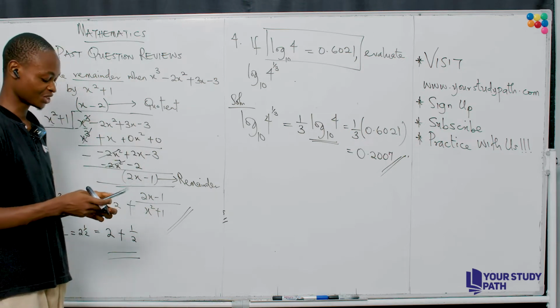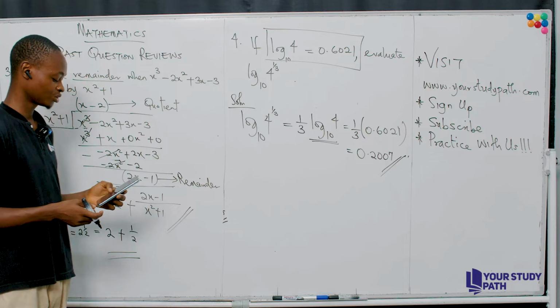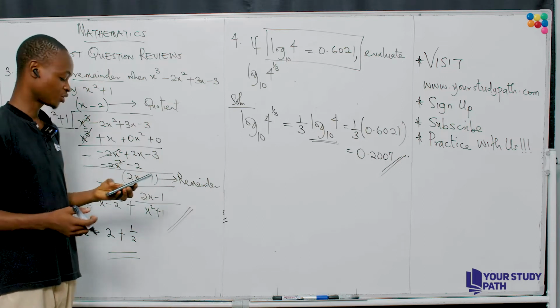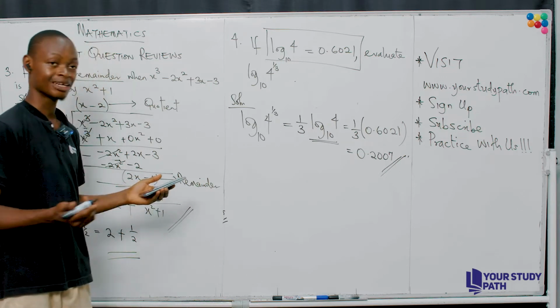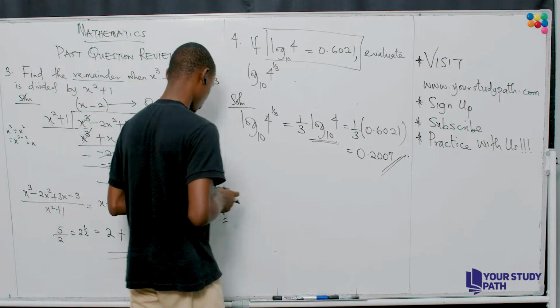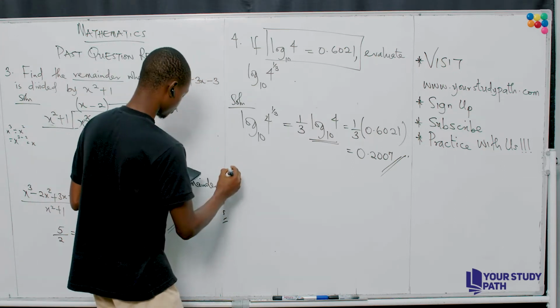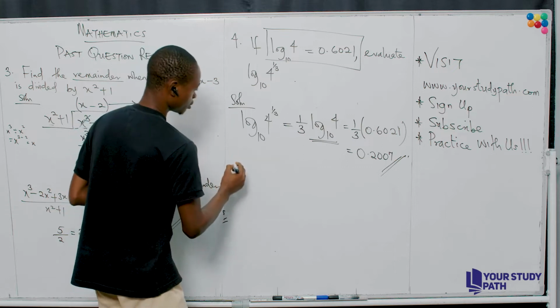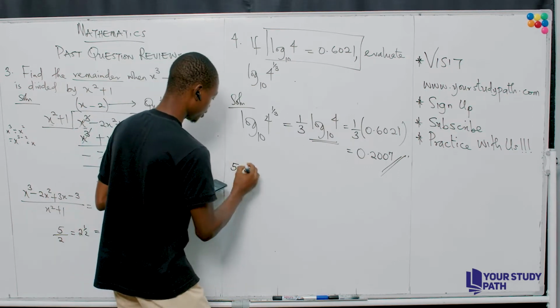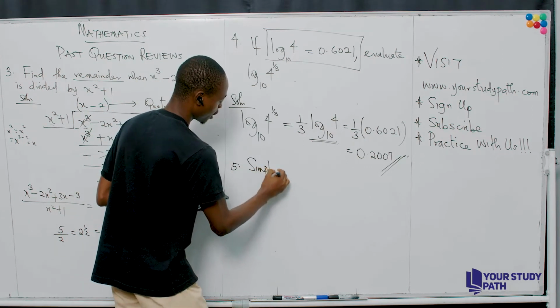Let's have our fifth question, which, as we mentioned, is going to be a question you are going to provide first an attempt, and then we'll see exactly what you have as the result. So let's have number 5. Simplify.